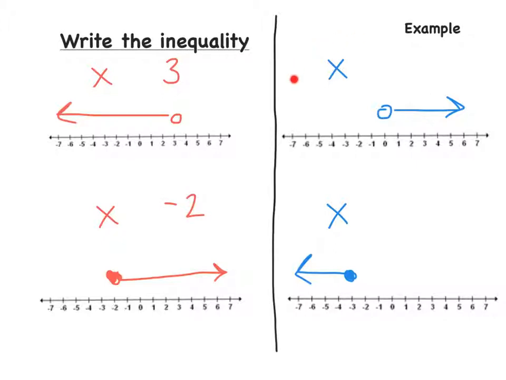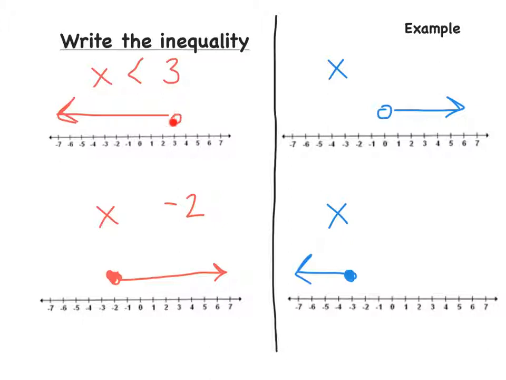I'm going to save these two off to the right for you to solve, and I'll solve the two off to the left. So we have, remember which way our arrow is pointing. We can basically just draw that exact same inequality. So since we have the arrows pointing to the left, we could draw that exact same thing.